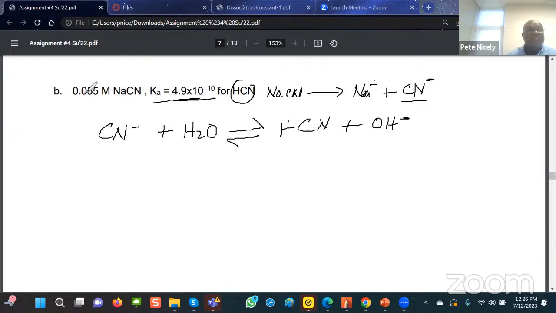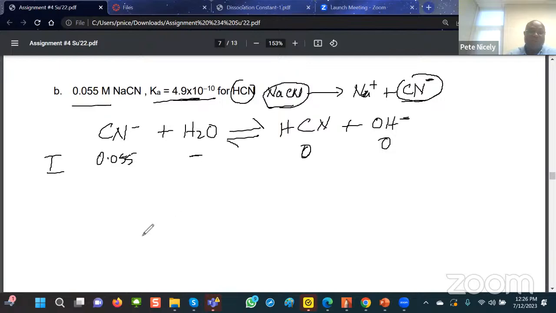Now, because sodium cyanide undergoes complete dissociation, whatever the molarity of this is, the molarity of this will be the same. So we can place that value of 0.055 here as the initial concentration of the cyanide. We're going to have 0 for this and 0 for this. And we don't need to concern ourselves with the water, right?